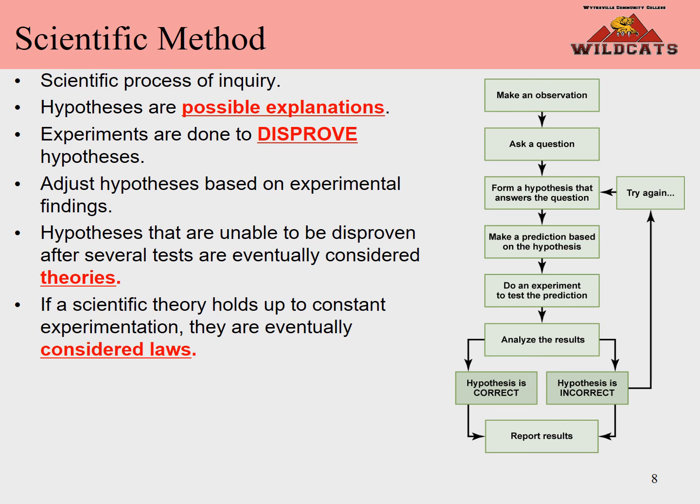Okay, and if a scientific theory holds up to constant experimentation, they are eventually considered laws, and that's a classic definition. In reality, theories try to explain why something's happening. Basically, laws are there to tell us what's happening. And so sometimes this difference between theories and laws can get a little bit confusing.